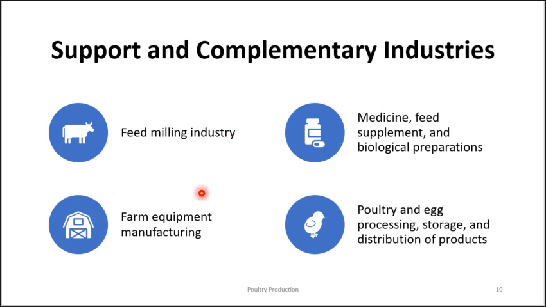Farm equipment and manufacturing. Medicines. Dito kinukuha yung mga waters, drinkers, etc., feeding troughs, medicine, feed supplement, and biological preparations. And then you have here poultry and egg processing, storage, and distribution of products.